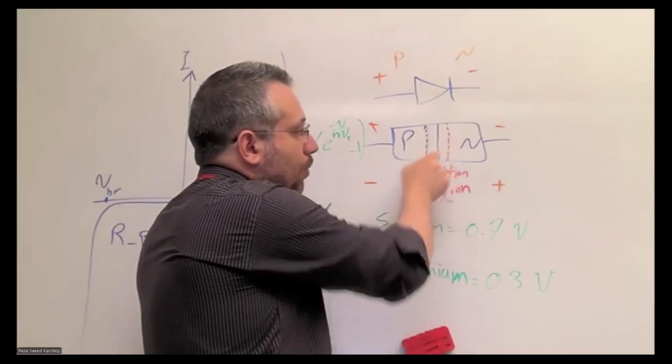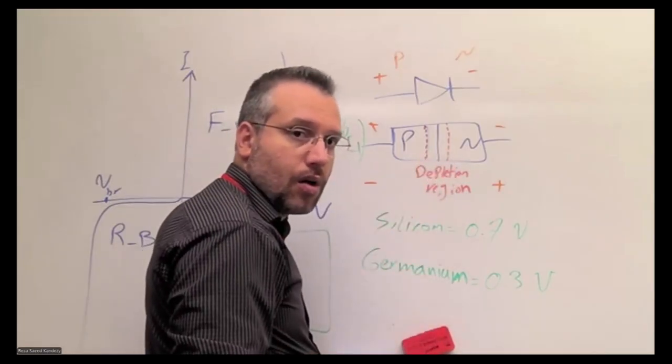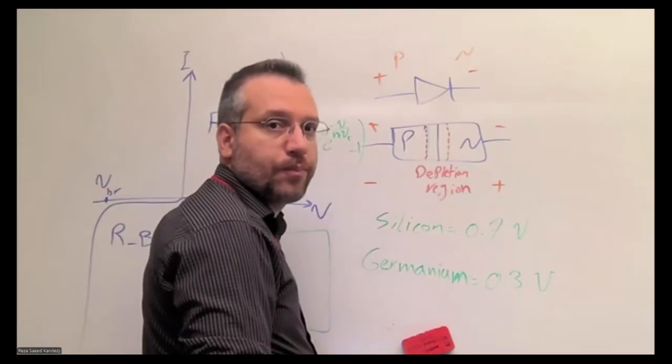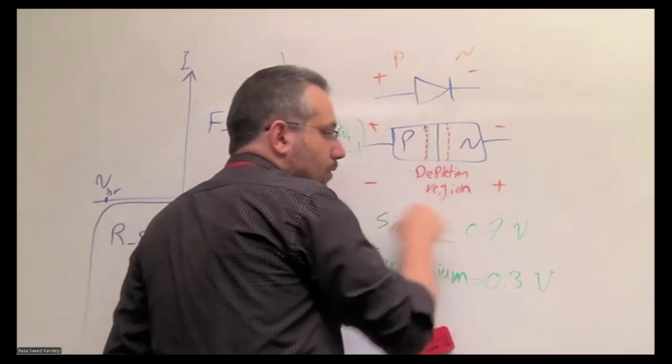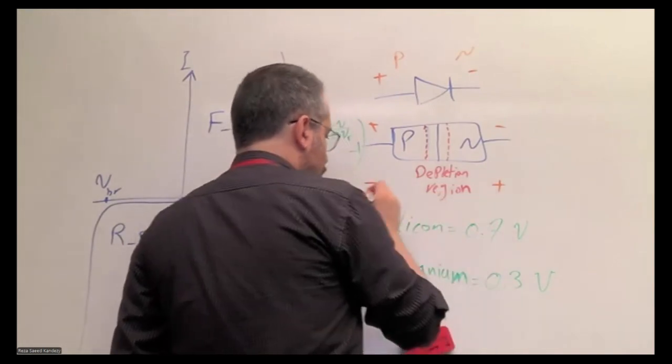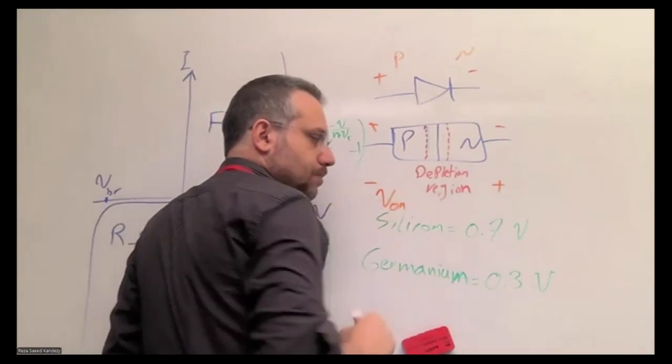So now our component physically allows the charges to pass through. We call that minimum voltage the voltage on.